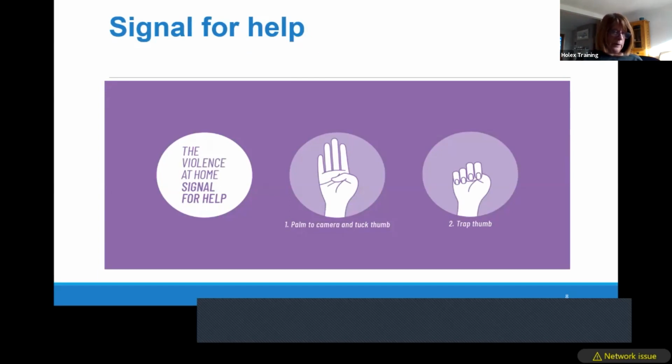This was thought up by the Canadian Women's Foundation when the social isolation measures came in, and they realised it was much more difficult for those that are at risk of domestic abuse to reach out safely to people and ask for help. So it's a simple one-handed sign that can indicate that somebody needs to check in with them in a safe way.